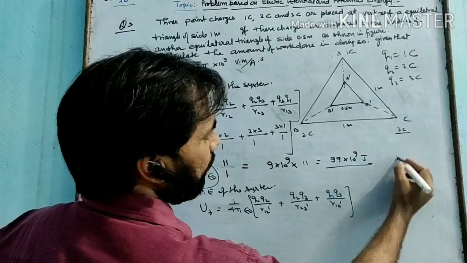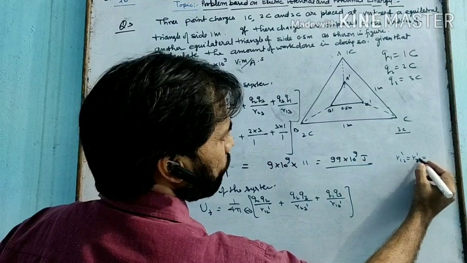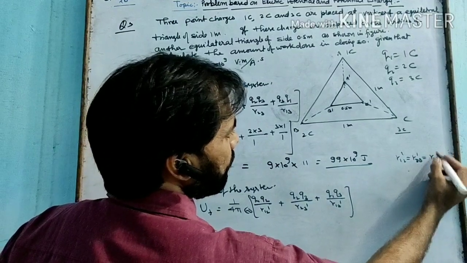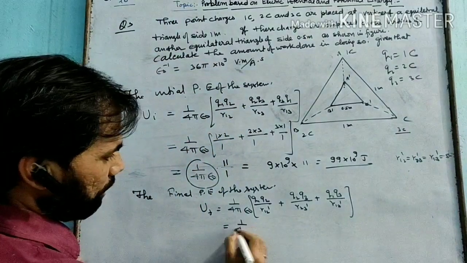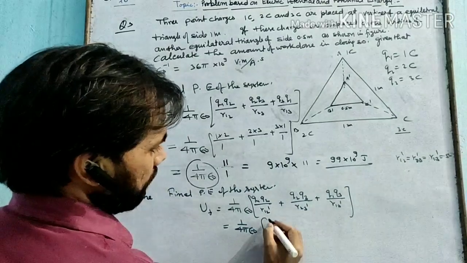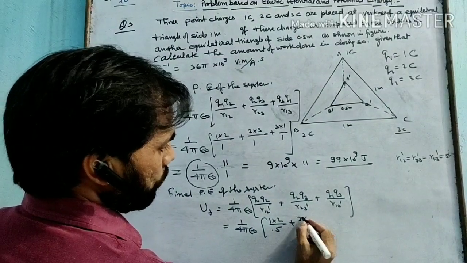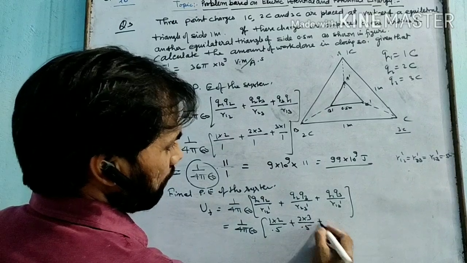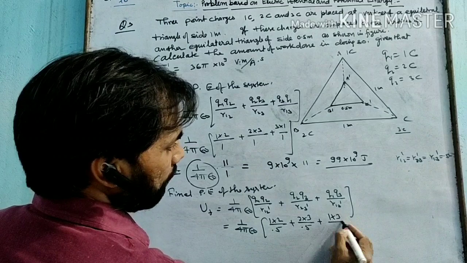Here r12 dash is equal to r23 dash is equal to r13 dash is equal to 0.5 meter. So we have this equal to 1 upon 4 pi epsilon 0 into 1 into 2 upon 0.5 plus 2 into 3 upon 0.5 plus 1 into 3 upon 0.5.